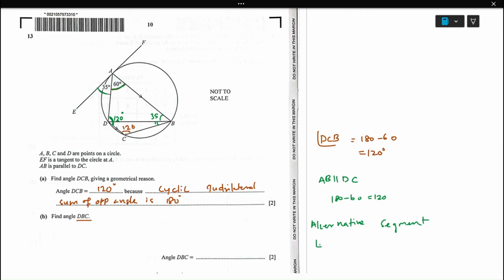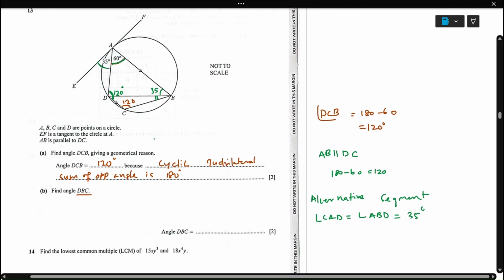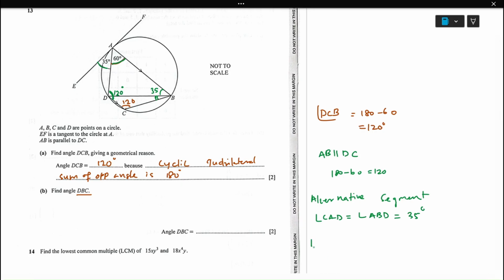So angle CAD equals angle ABD, which is equal to 35 degrees. So now we got all the angles. So this is a quadrilateral, and we need to find only this angle. The sum of all the angles is equal to 360. So angle DBC equals 360 minus, we should add up all the angles, which is 60 plus 120 plus 120 plus 35.